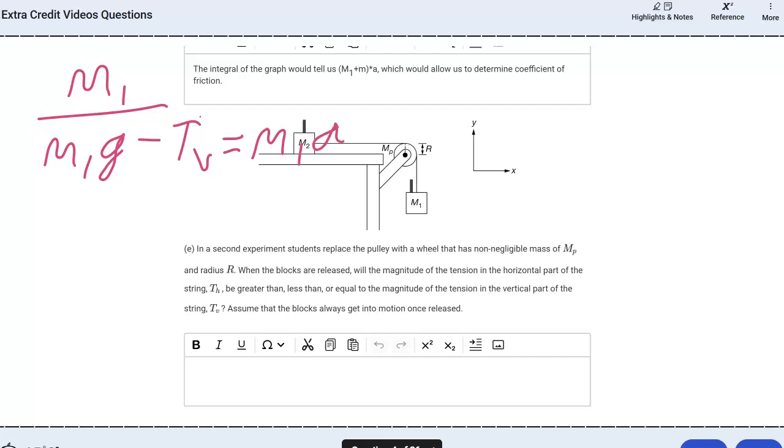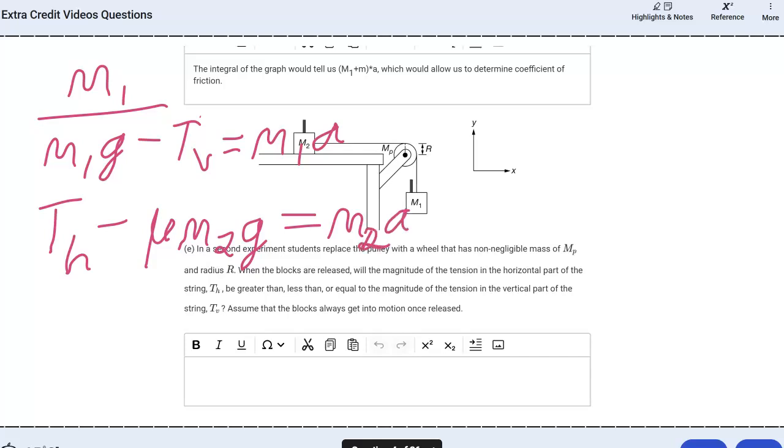And then we're going to have TH, the stuff making it go, minus stuff holding back, mu M2G, equals M2A. Excuse me. And the accelerations of these two blocks are the same because it says the mass of the string is negligible.